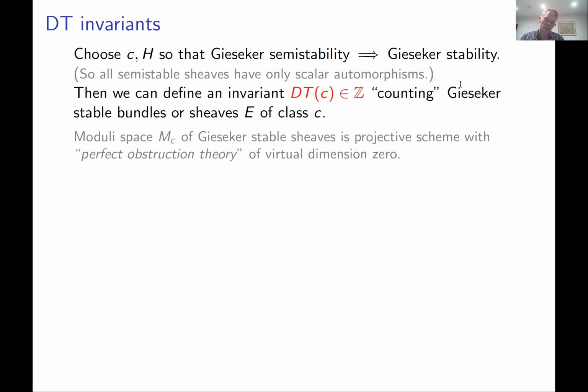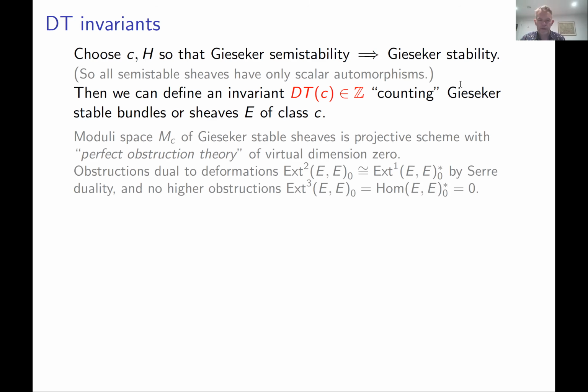And the technical condition, if you're in algebraic geometry, is that the moduli space of these sheaves is projective, and it has something called a perfect obstruction theory of virtual dimension 0.